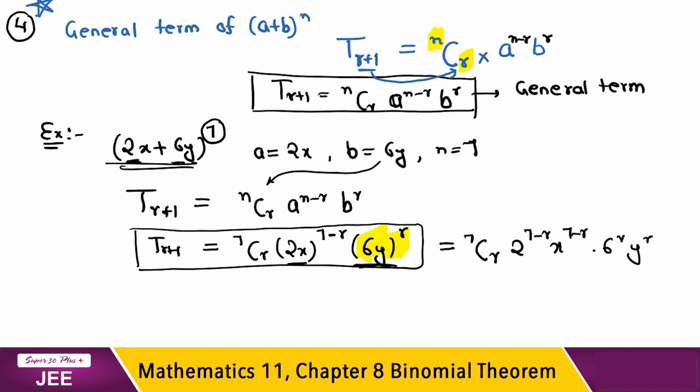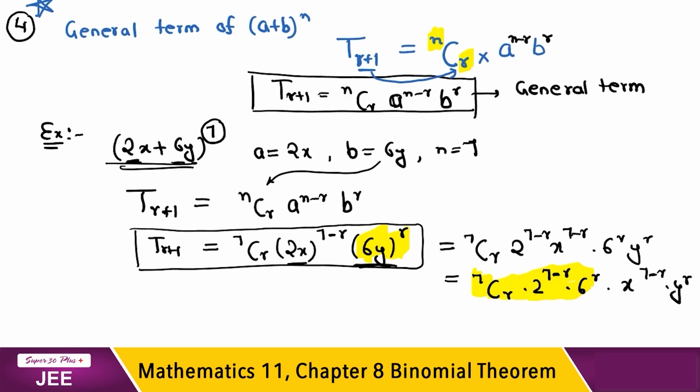So in all I am getting constants 7Cr, 2 to the power 7 minus r, 6 to the power r, and with variable I have x raised to the power 7 minus r, y raised to the power r. Alright. So this much portion consists of constants because 7Cr means selection of r objects out of 7.